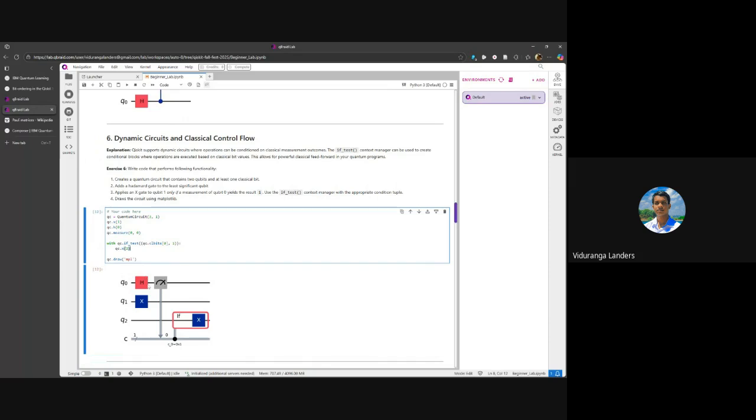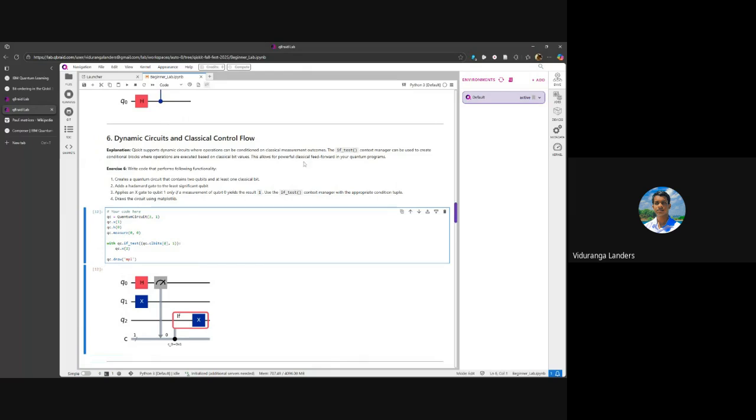When I measure this qubit, it is not going to affect these other qubits. The collapse happened only to this qubit. So I collapsed that state and I measured it. And here, I am checking the classical bit, so I'm storing it in the 0th classical bit.